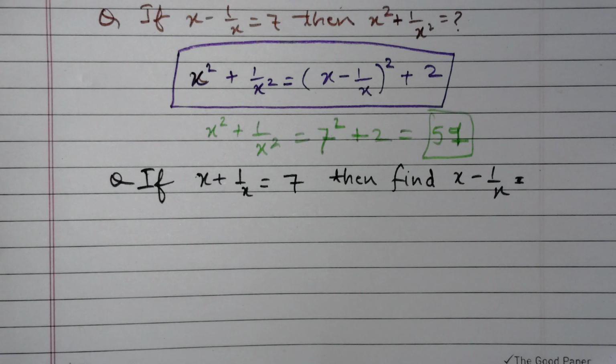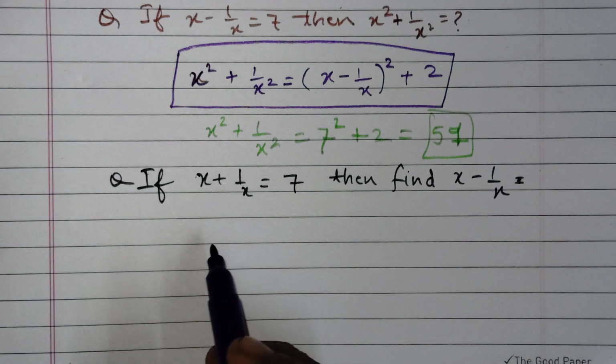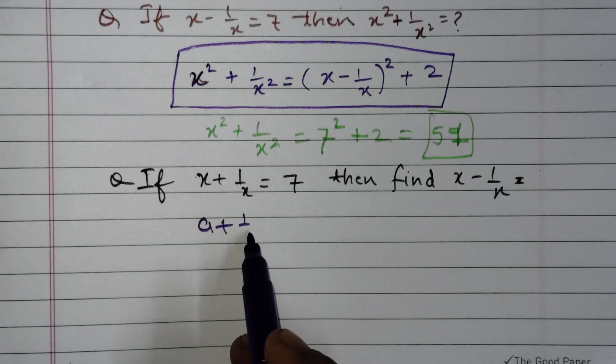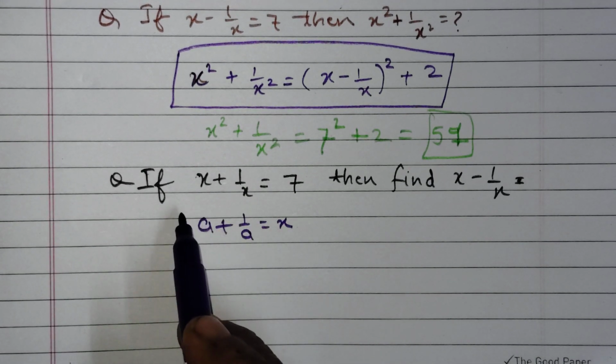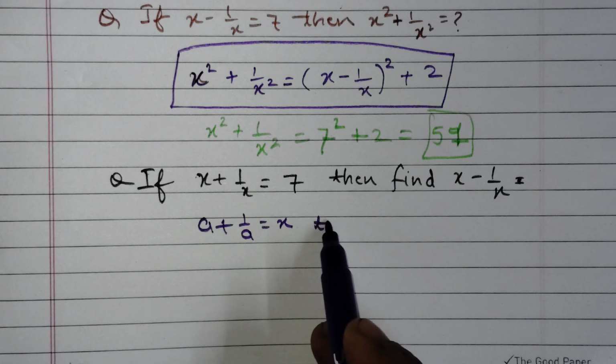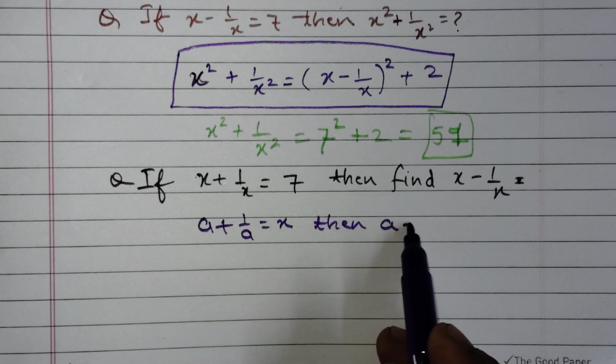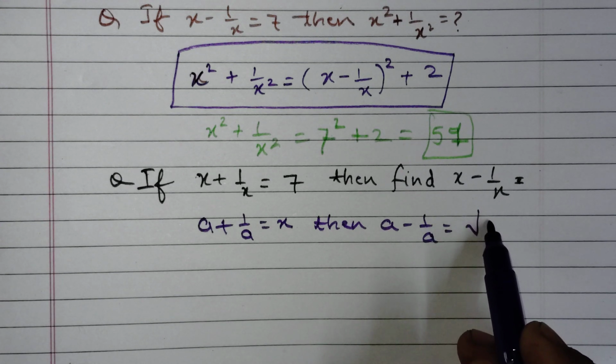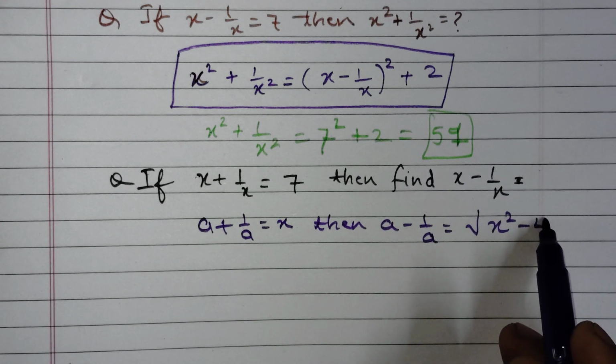So in this case we use a direct formula. The formula is: if a plus 1 upon a is equal to x, then a minus 1 upon a is equal to square root of x square minus 4.